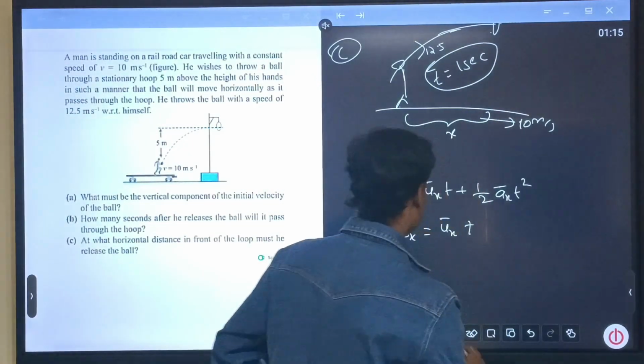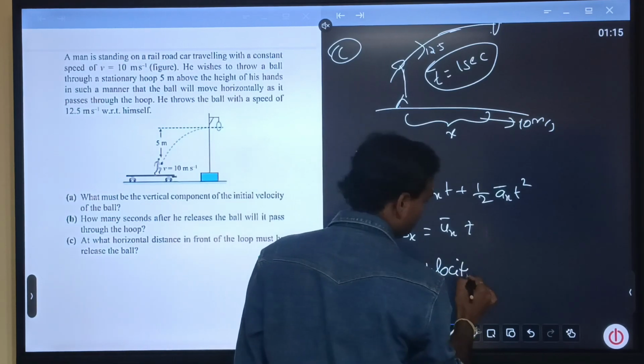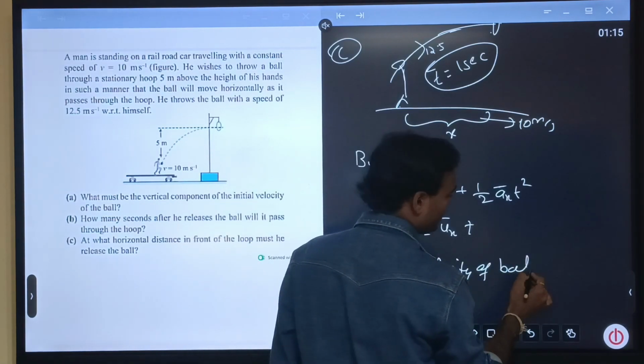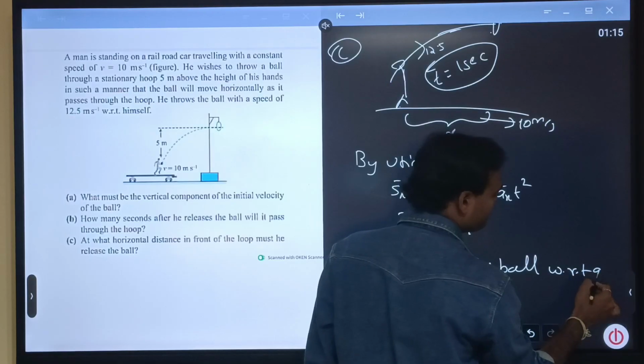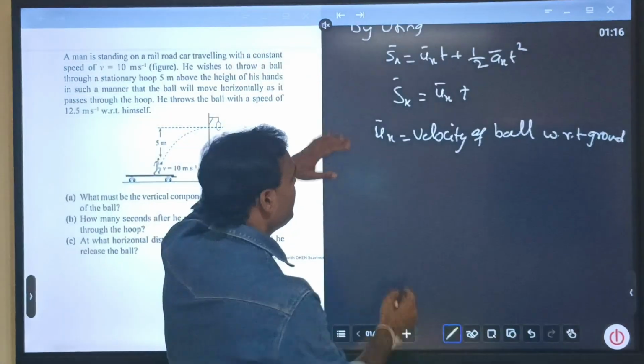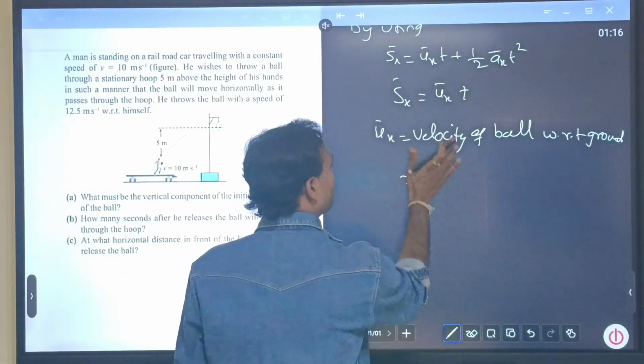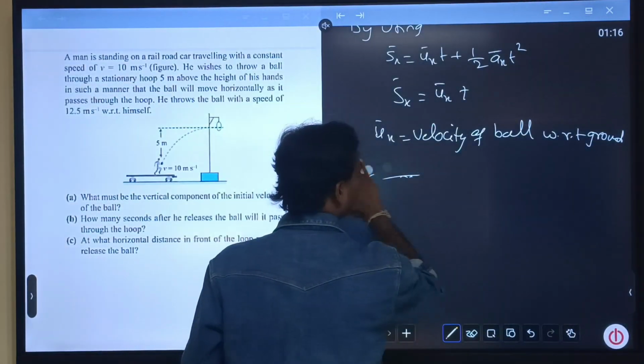Now ux is the velocity of the ball with respect to ground. Am I right?